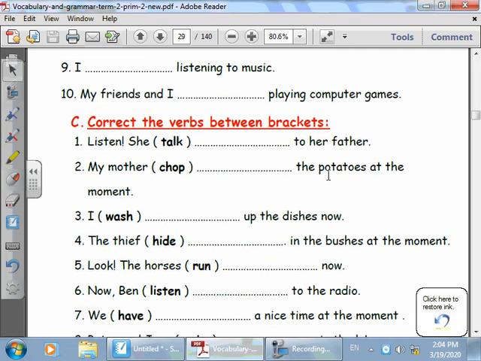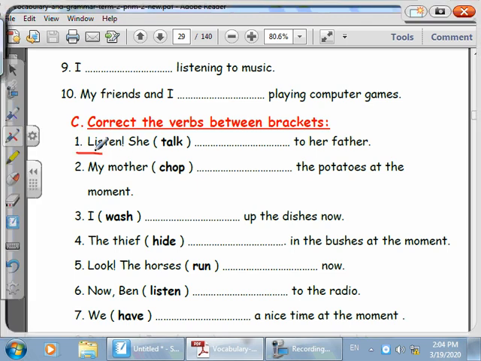Here, correct the verb between the brackets. It's the same idea like we did before. Number one: listen, she talked to her father. I want you to underline the key word. Listen is the key word of the present continuous. Listen, she is talking to her father. Very good.